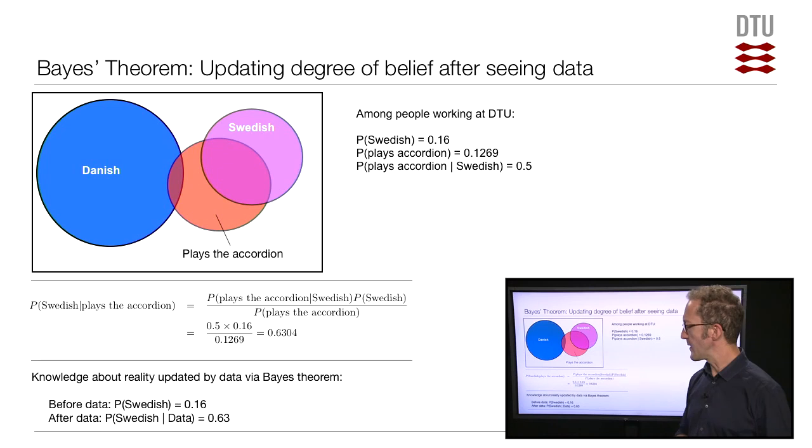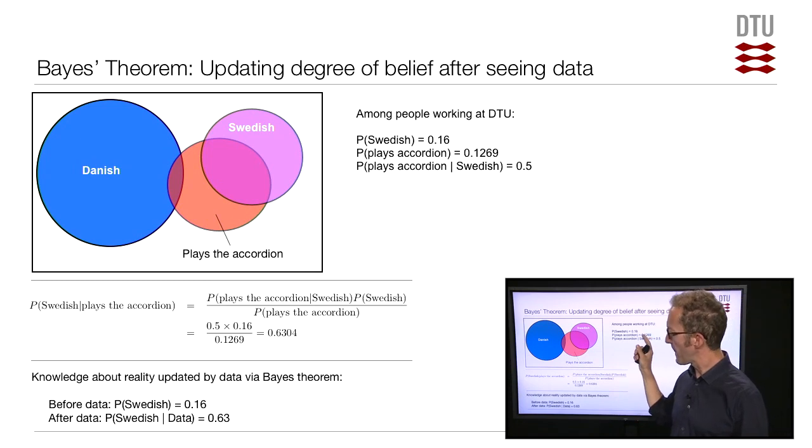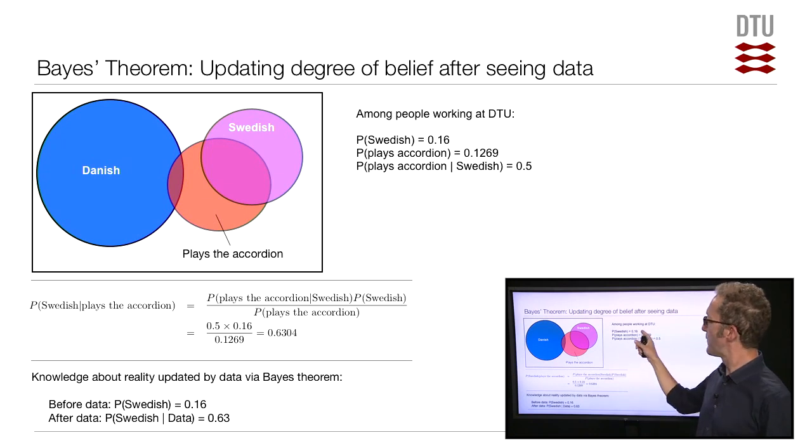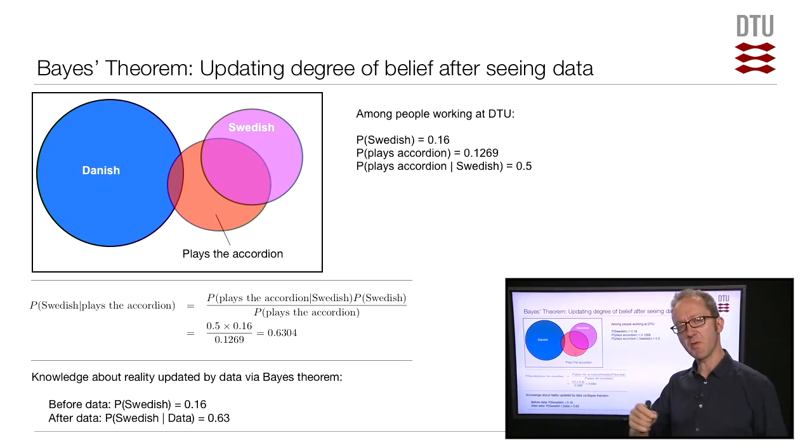So in what way is this useful in doing science? Well, you can see that the way that we've used Bayes' theorem here is actually as a stringent way of updating our degree of belief about some aspect of reality. Before we collect any data, if I'm just going to pick a random person from DTU, there's going to be a 16% chance that that person is Swedish.